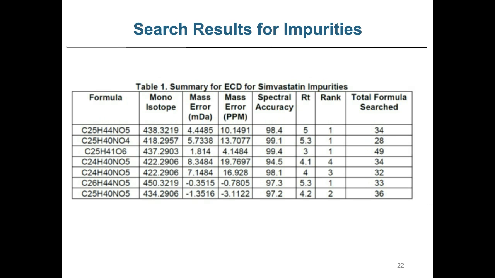But that 94.5 value is another indicator that potentially something else is going wrong, and that something else is usually a background or an interference. Of course, there's no substitution for high resolution. We're trying to utilize these lower resolution instruments, but they don't have that resolving power to reject the interferences. But still, the spectral accuracy value gives you an indication of the confidence of the match itself.